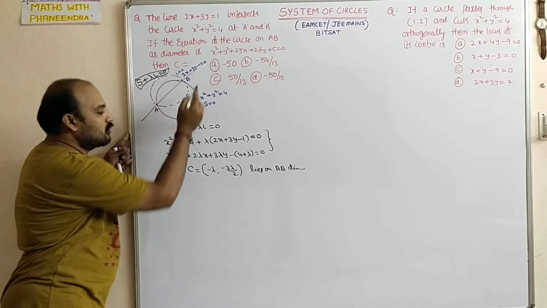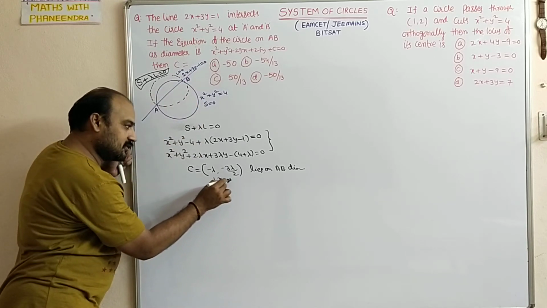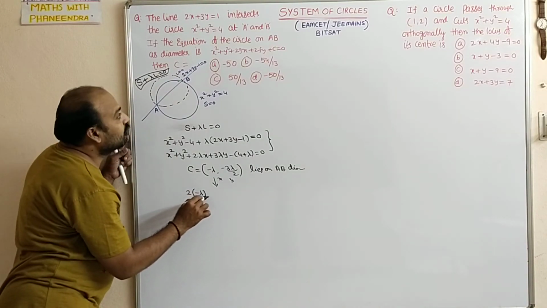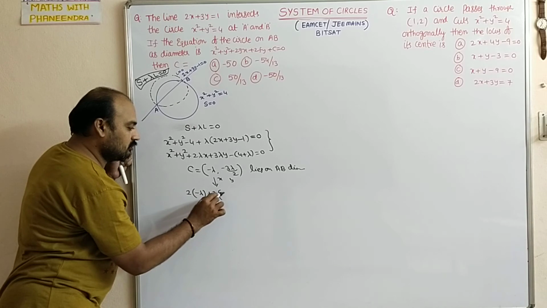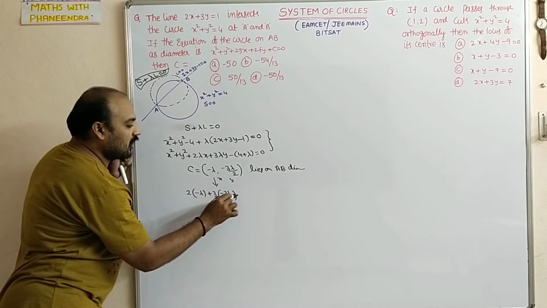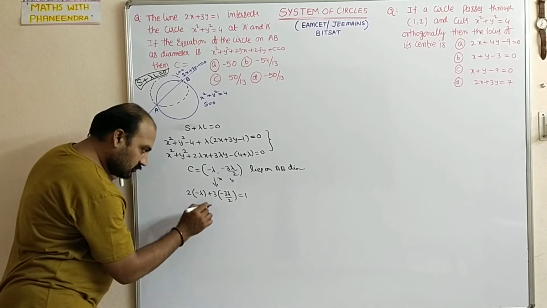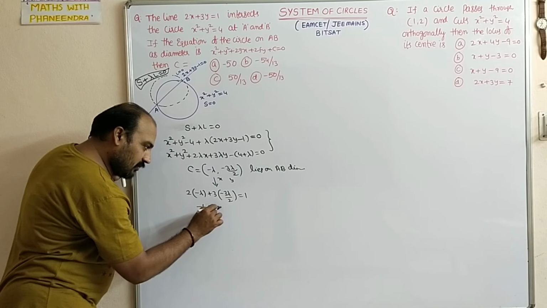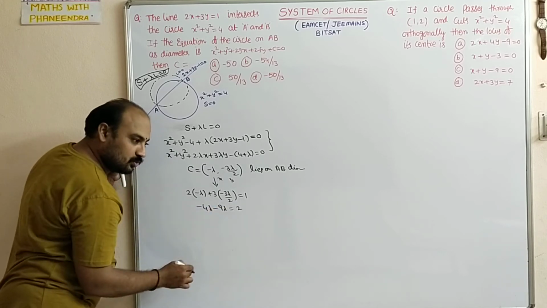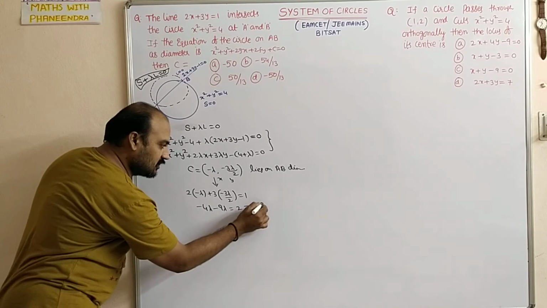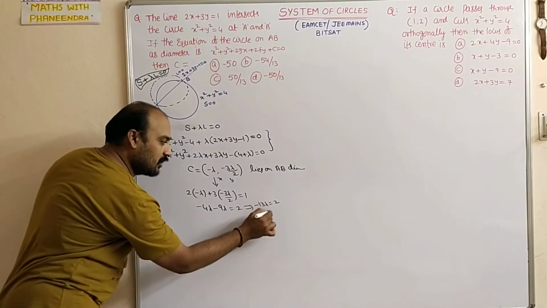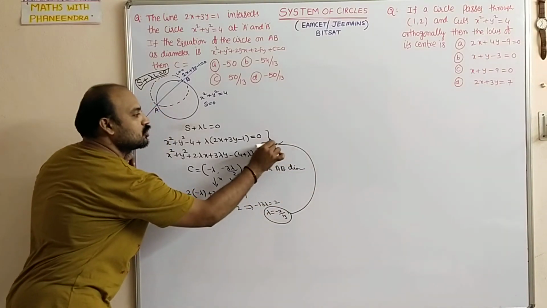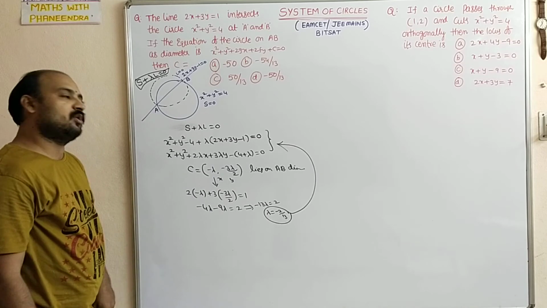So in place of x and y, substituting: 2(-λ) + 3(-3λ/2) = 1. Taking the LCM, -4λ - 9λ = 2. That implies -13λ = 2, so λ = -2/13. This value we have to substitute again in this equation to get the required equation of the circle.